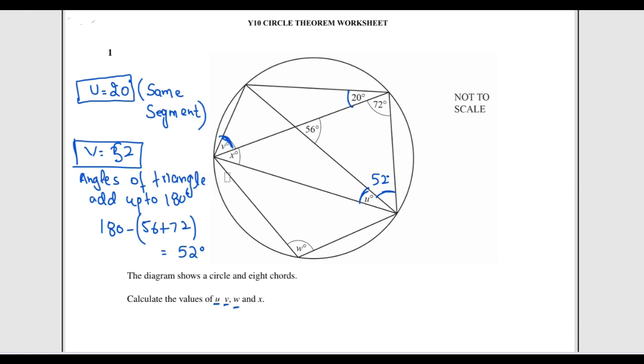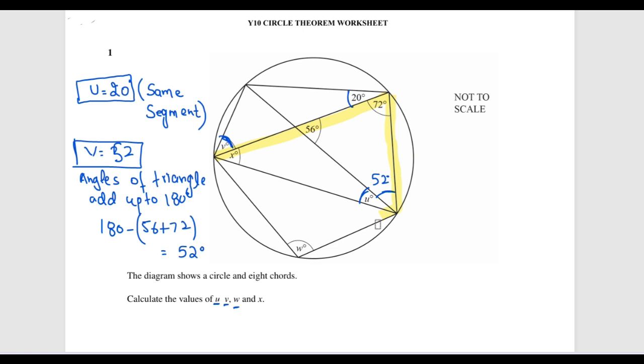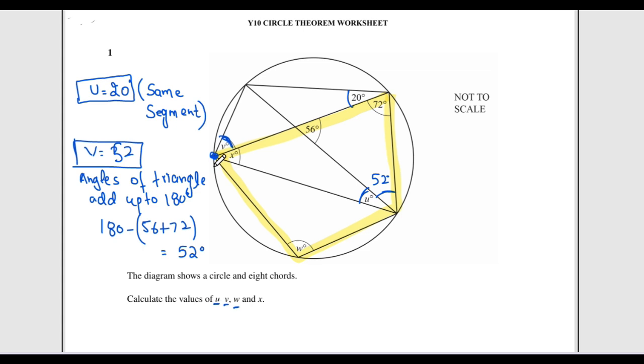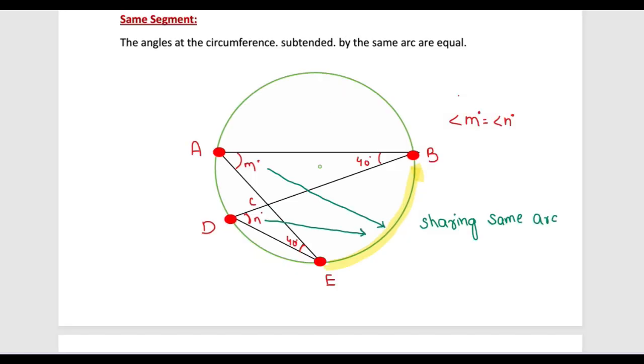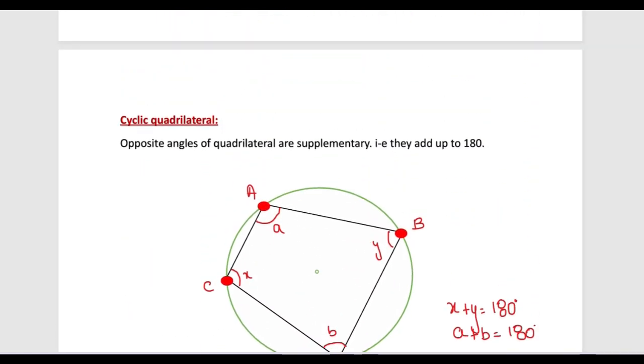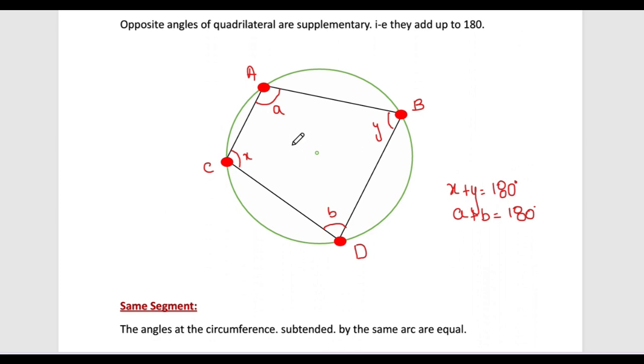Okay, now for the third variable, which is w, what can we do to get w? This is even easier than the previous ones. You can see that there is a cyclic quadrilateral over here. All four vertices of the quadrilateral are touching the circumference, so it's a cyclic quadrilateral. And the property of a cyclic quadrilateral is that two opposite angles add up to 180.